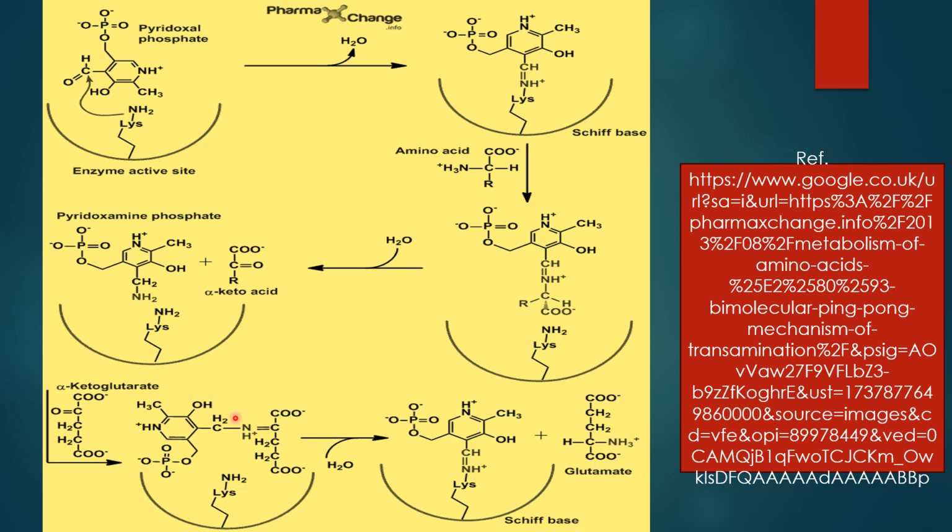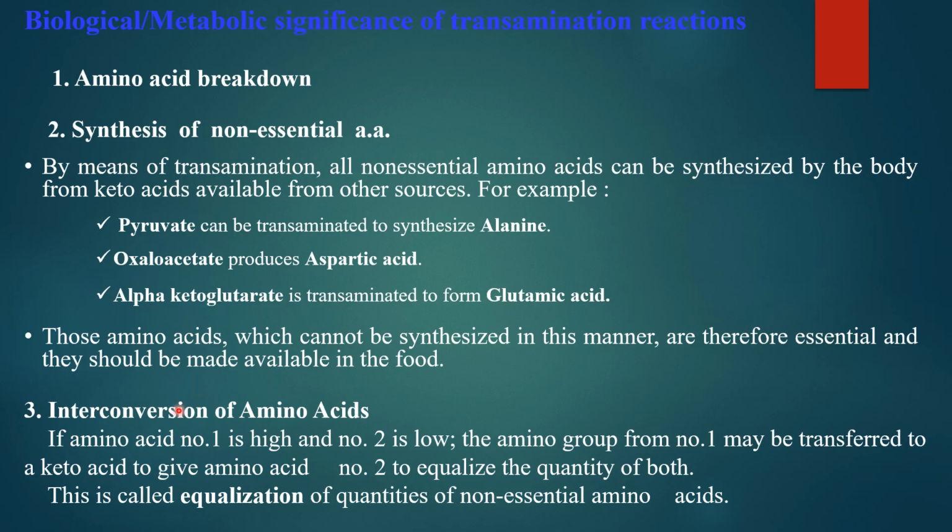So this is how the amino group is transferred from pyridoxamine to alpha ketoglutarate, and it turns into glutamate, and the enzyme complex along with the PLP is now separated. So this is the mechanism of how there is a transfer of amino group from one amino acid to another keto acid, that is always alpha ketoglutarate.